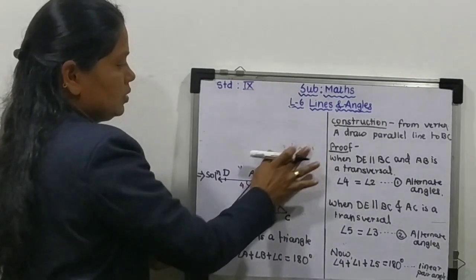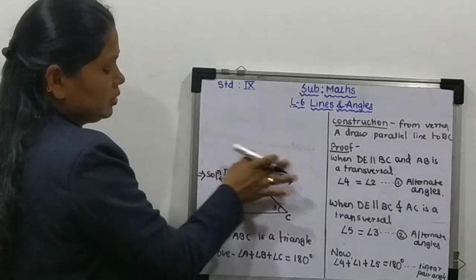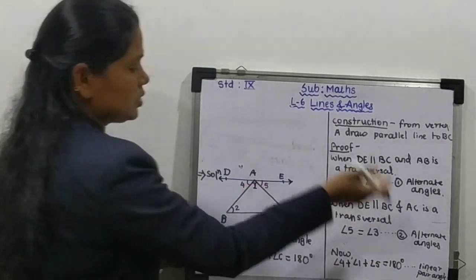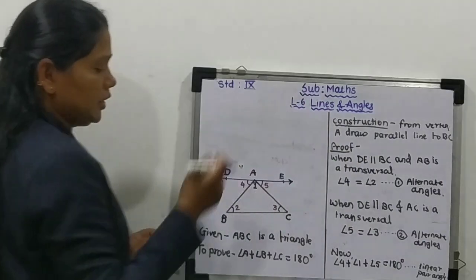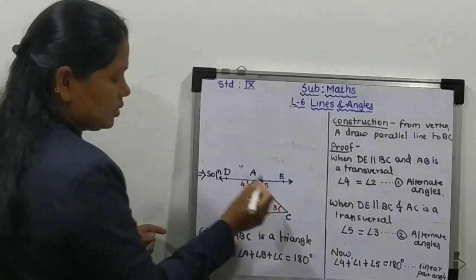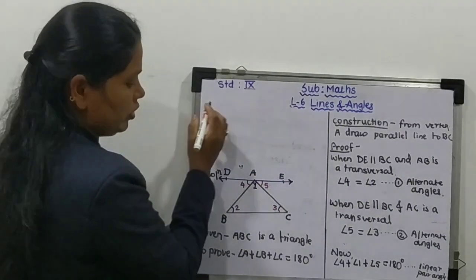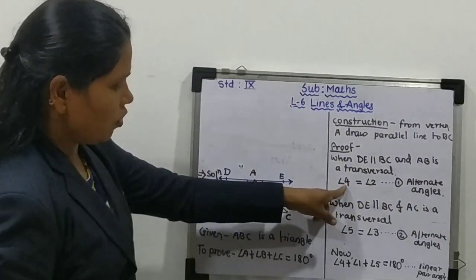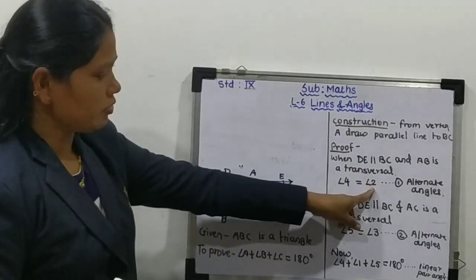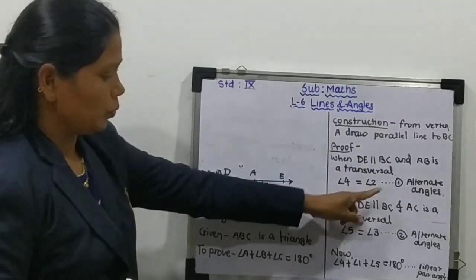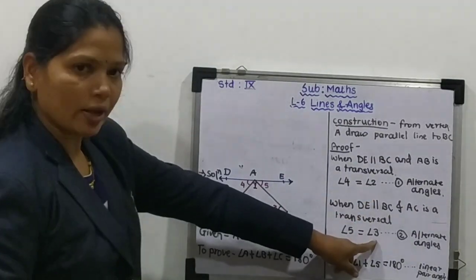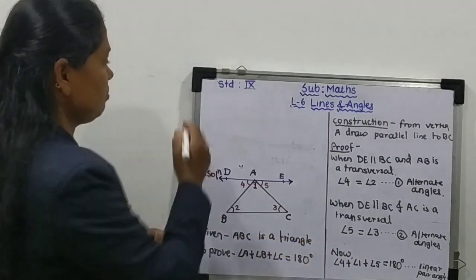Now, what? See, angle 4 plus angle 1 plus angle 5 equals to 180 degree. Simply, this top one we have added. So what will we do here? Now, angle 4 is equals to what we have written? Angle 2. And angle 5 is equals to angle 3. Can we replace them? Yes.